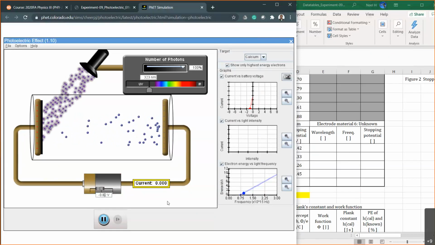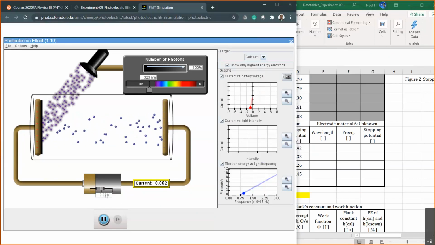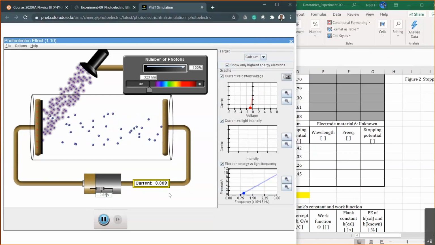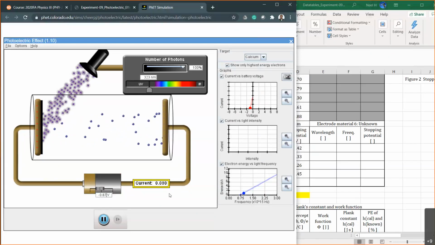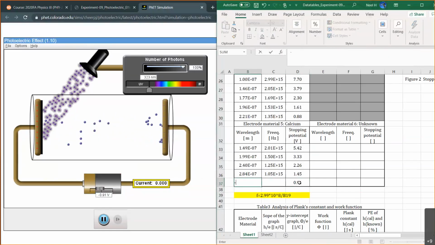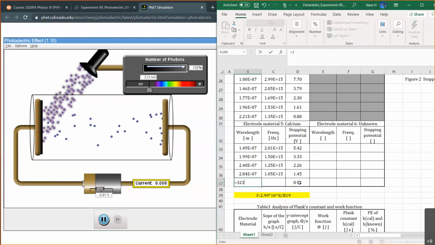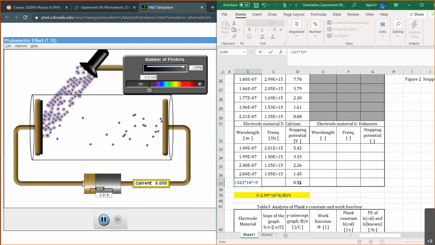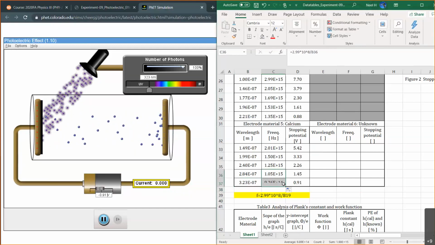Try with negative 0.8, 0.85, 0.87, 0.89, and 0.9, maybe 0.91. Yeah, 0.91. And the wavelength is 323 multiplied by 10 to the power minus 9, and then click and drag.